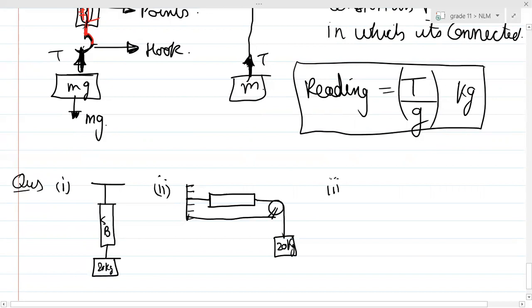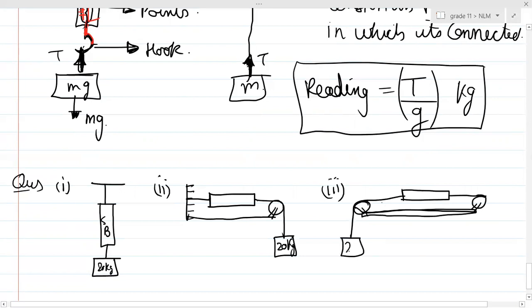Third case, there is a table over here. I have this same spring balance connected with a pulley. On one side I am placing 20 kg, on the other side also I am placing 20 kg.